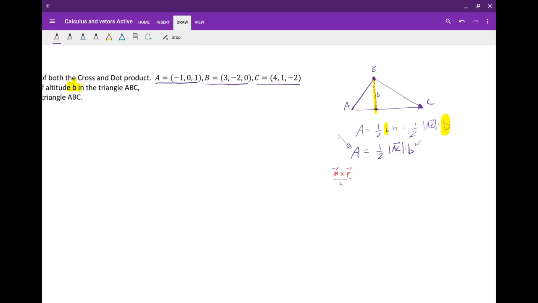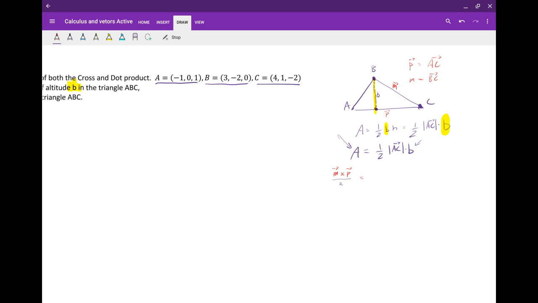The M vector is maybe this one, and the P vector is any other vector in the triangle. So the P vector is AC, and the M vector is BC.